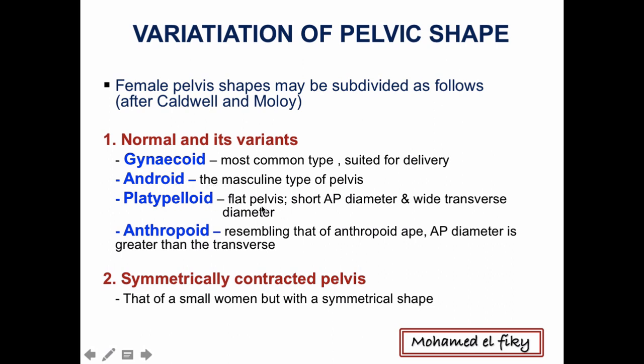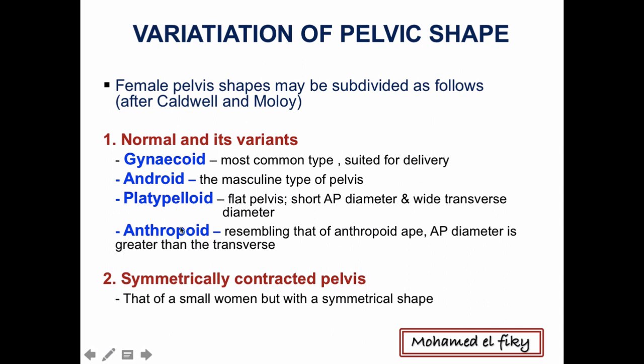Platypelloid or flat pelvis has a short anteroposterior diameter and wide transverse diameter. Anthropoid has a long anteroposterior diameter and short transverse diameter. This is normal variation, which may be asked.